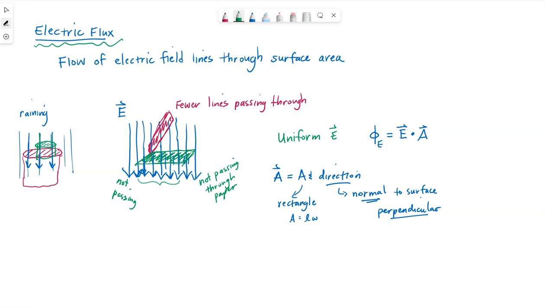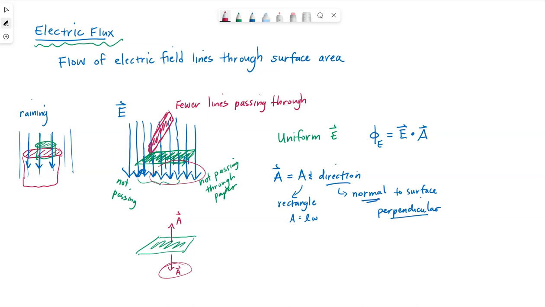So if I draw my little rectangle down here a little bit farther, its area vector is going to point either straight up or straight down. When we have just this two-dimensional surface, there's no way to really distinguish between the two. So typically, in a two-dimensional surface, we would choose the direction that matches the electric field we're talking about.